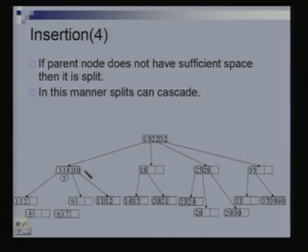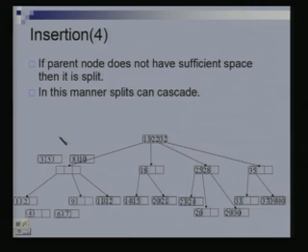Okay, now the same problem is happening: there is no space here in the parent either. So if the parent node does not have sufficient space, then it is split. Okay? So we split the parent node into 2. 3 and 5 will go to the smaller one, 8 and 10 will go to the larger one, to the right, to the other node.